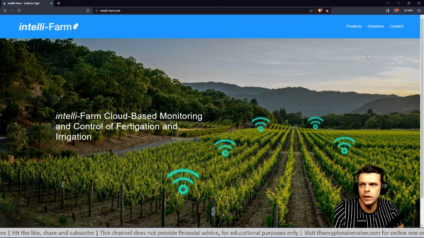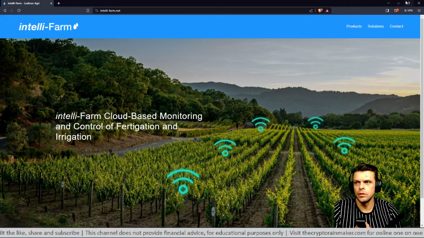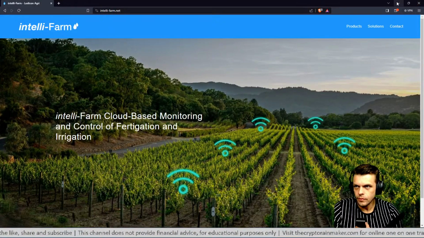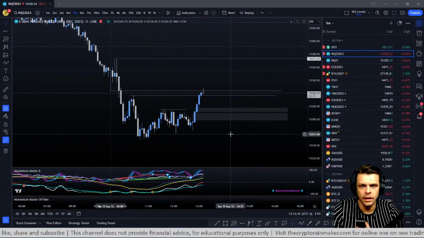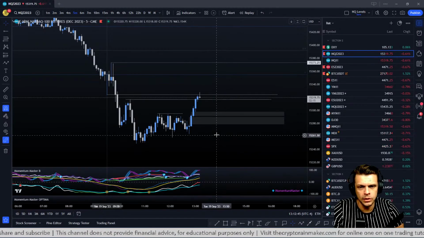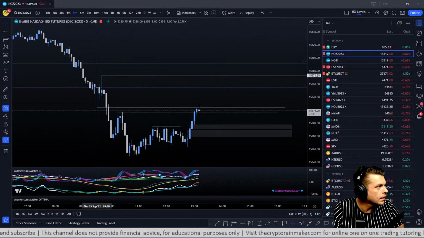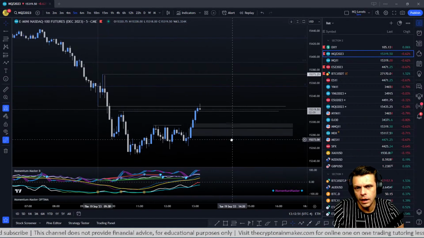The table grape season is just starting now, so a lot of the guys are calling me every day and wanting to get the stuff up and running. So that's basically the two things that I do during the day: this and the IntelliFarm AI agricultural thing.